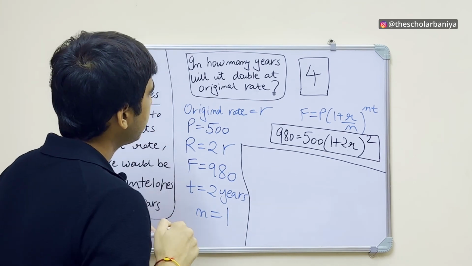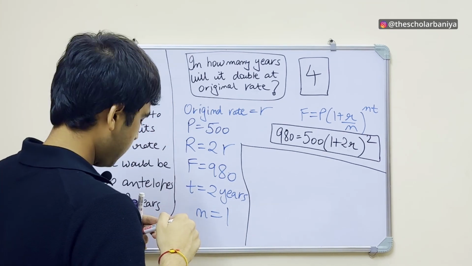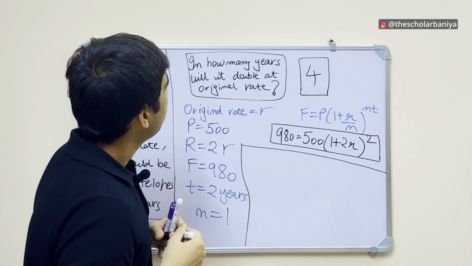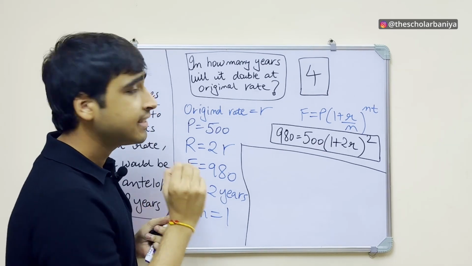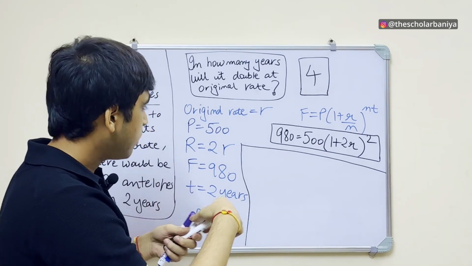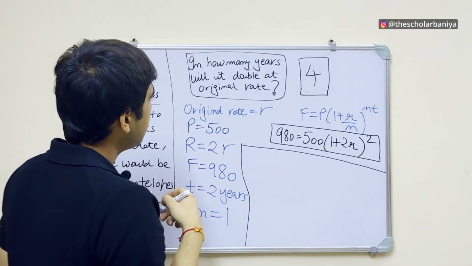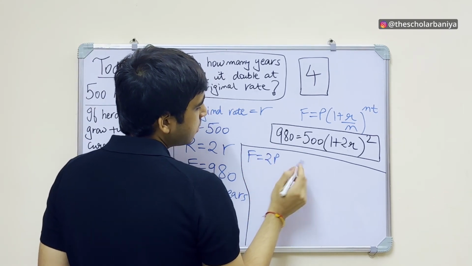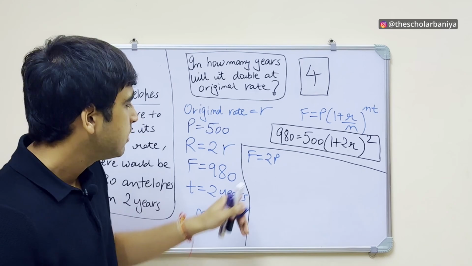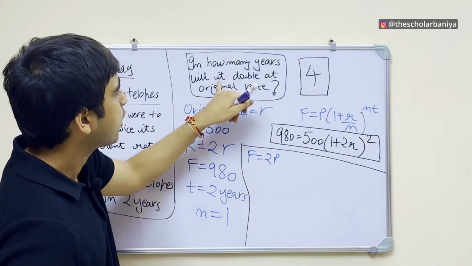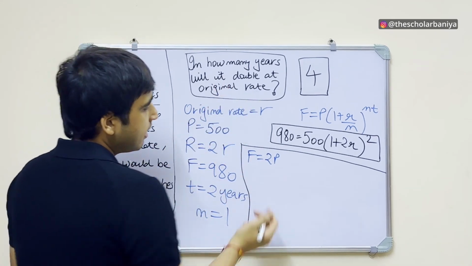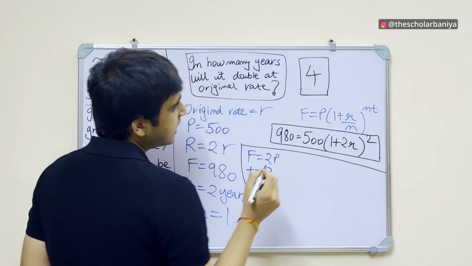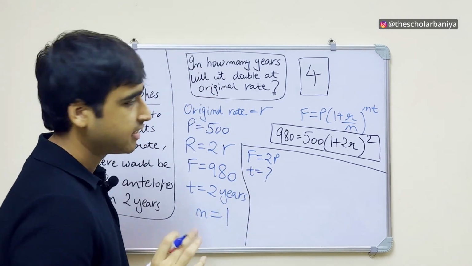Now tell me one thing, we have to calculate in how many years it will double at the original rate. So now according to this, we know that the final will be 2 times P. If P is the original amount, the final should be 2P because we are talking about double, right? We don't know what t is. We have to find out t, in how many years, right?